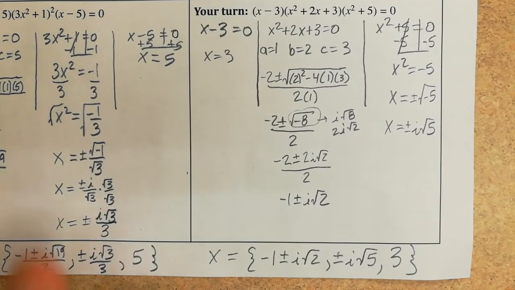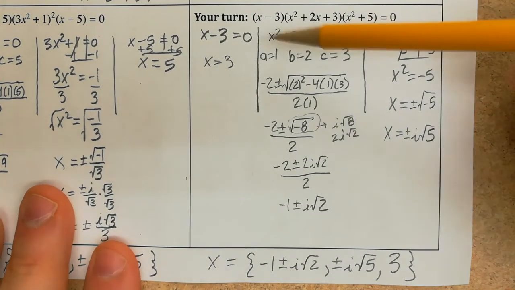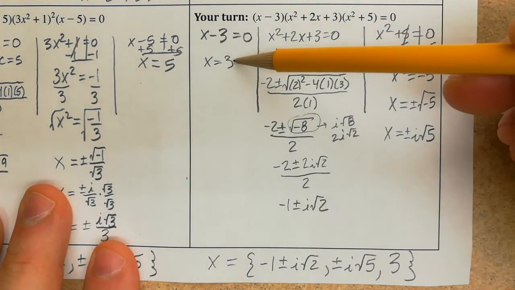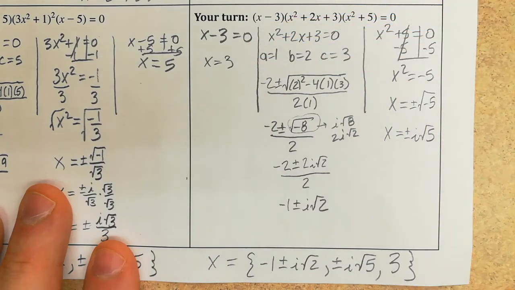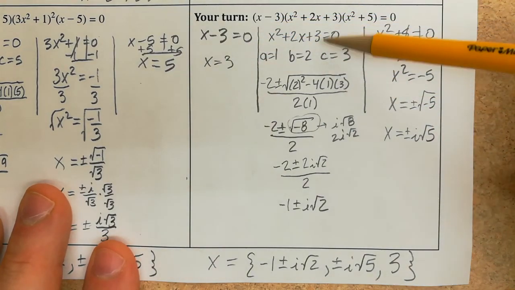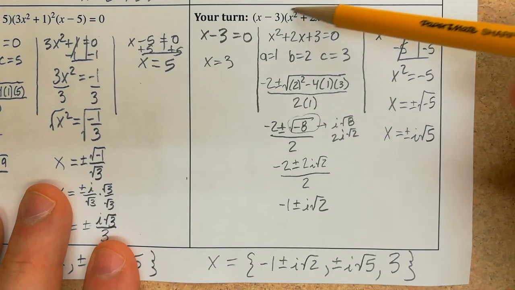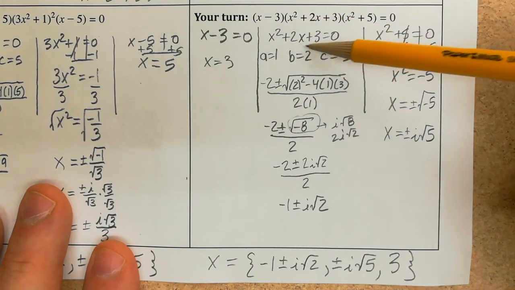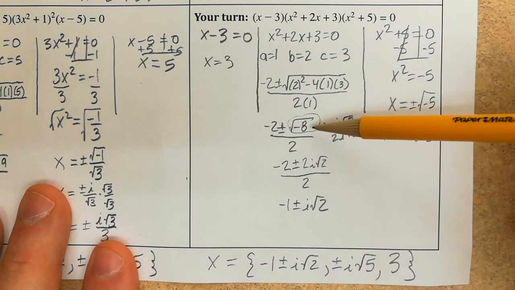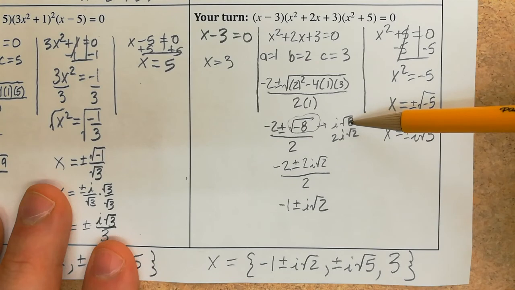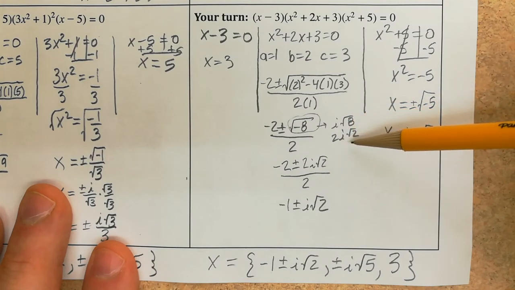All right, so here are my answers for that one. The first factor, the solution or the root would be 3. And then the second factor here, to make this 0, well, you have to use the quadratic formula, and you end up getting this, which the square root of -8, that simplifies a little bit to 2i root 2.